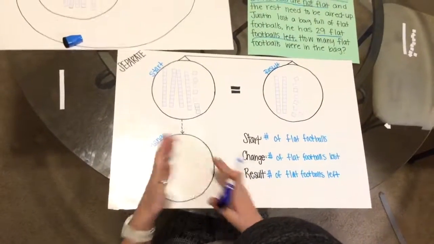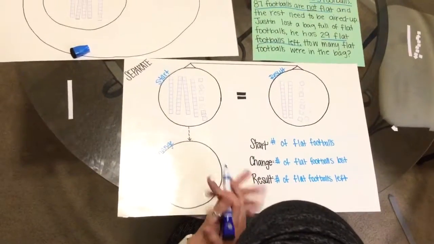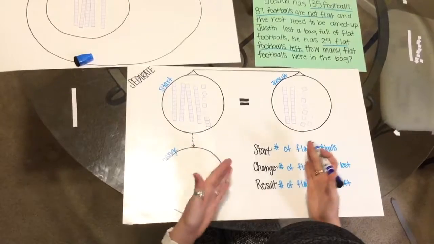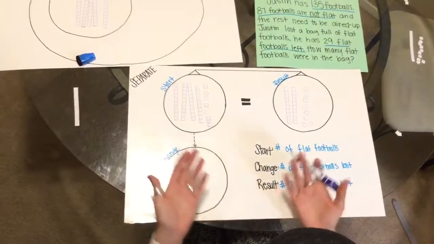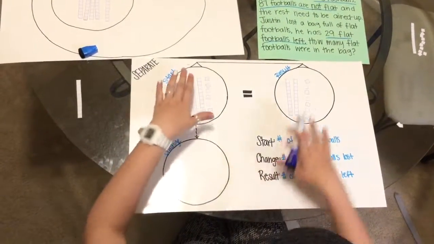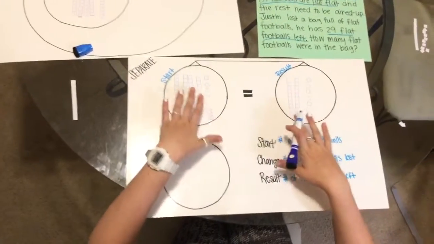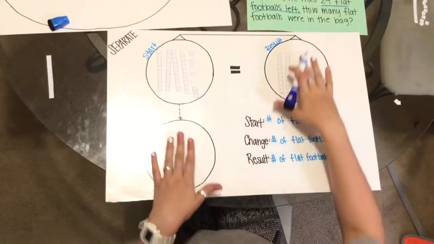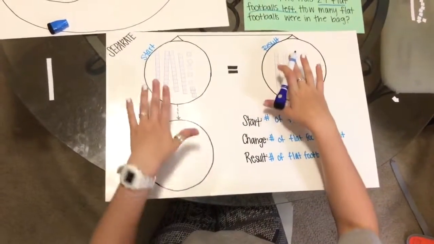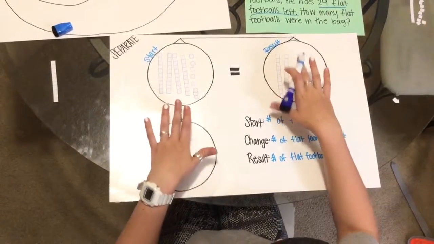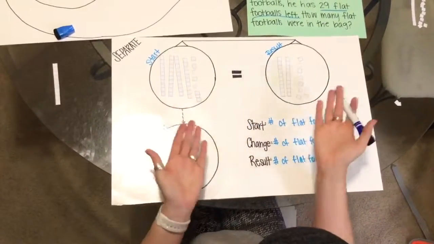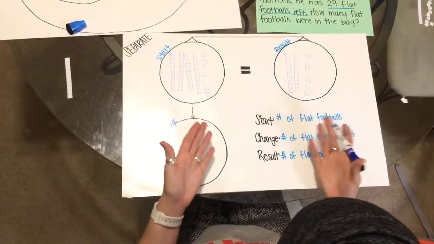So what we are looking for is our change. To find our change, we're going to use the tool of subtraction because our equation here is not balanced. So we have 48 over here and 29 over here. So we are heavier on this side of our balance here. So we need to balance it out, and to do that, we're going to use the tool of subtraction.